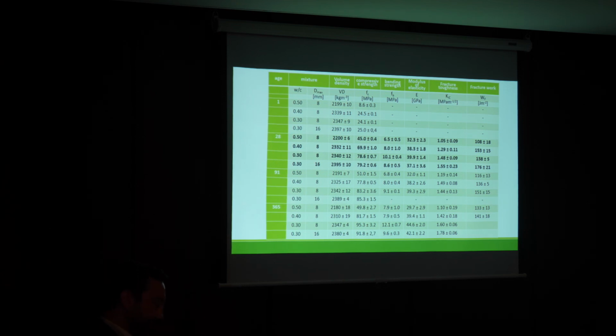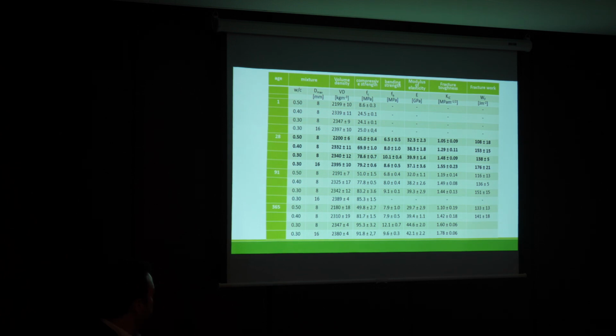We wanted to compare more the 8 millimeters, which is the standard, and the 16 millimeters was studied because we would like to expand our research. Therefore, we didn't have enough specimens to prepare. We made a decision: 28 days is quite easy, and then we should look only after 1 year at how these properties change.